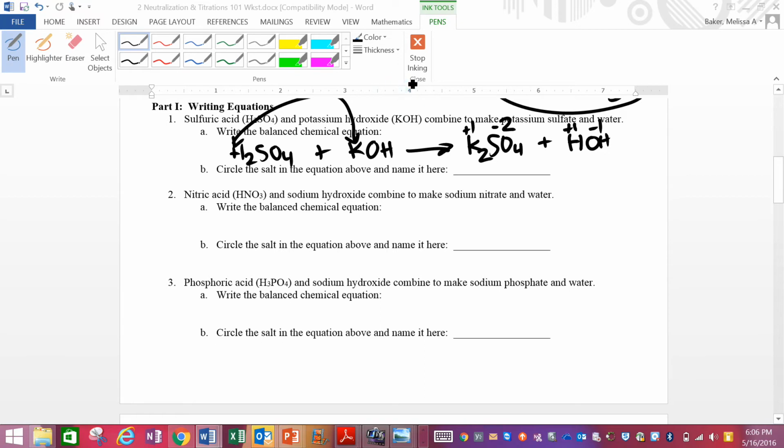So H2O. So now we've got to balance it. 2 K's on the right, we're going to need a 2 there. And we've got 4 hydrogens on the left, so we need a 2 there to make it 4 on this side. Circle the salt, K2SO4, that's potassium sulfate.